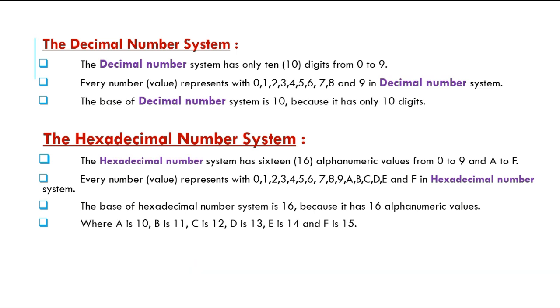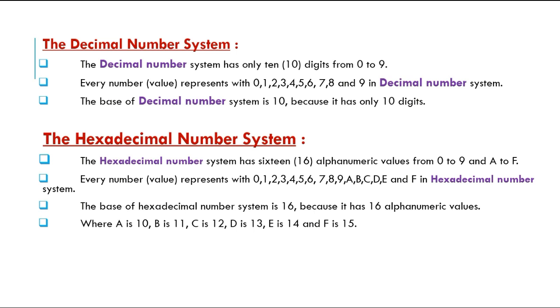The last one, the hexadecimal number system, starts with 0 and ends on F. It is represented as 0, 1, 2, 3, 4, 5, 6, 7, 8, 9, A, B, C, D, E and F. Whereas A is equal to 10, B is equal to 11, C is equal to 12, D is equal to 13, E is equal to 14 and F is equal to 15.